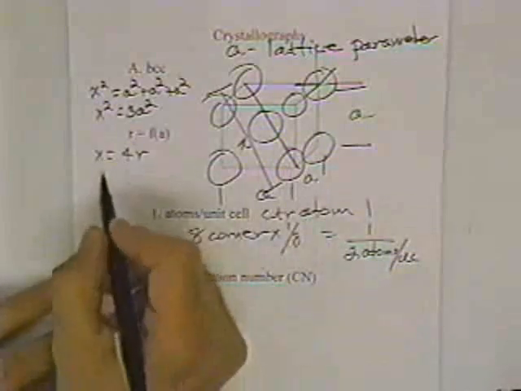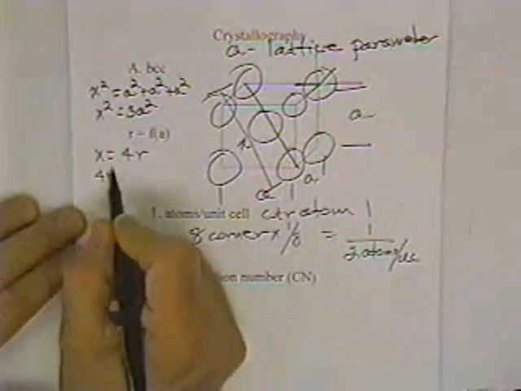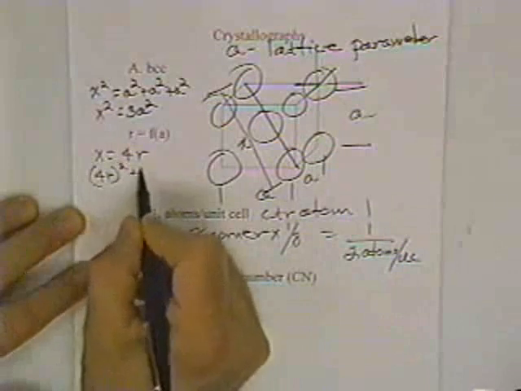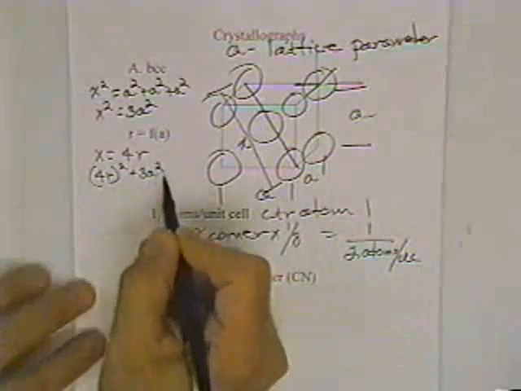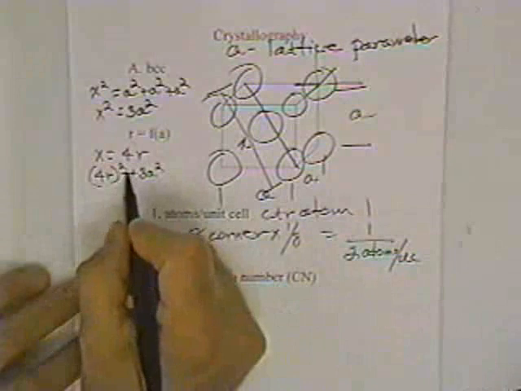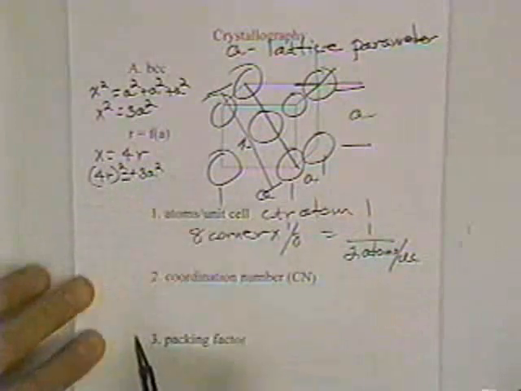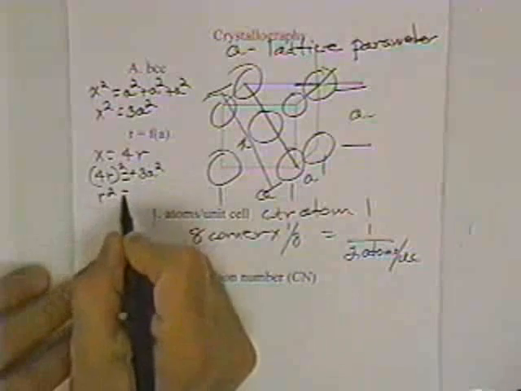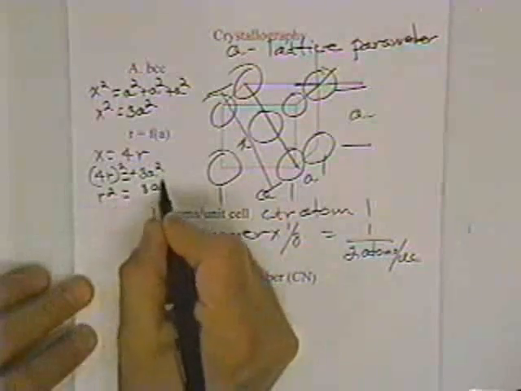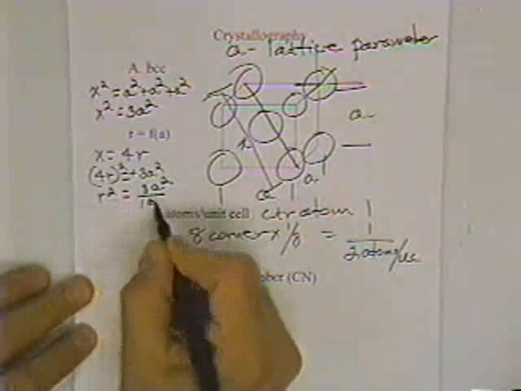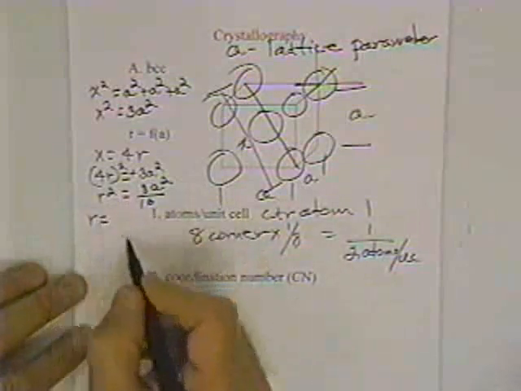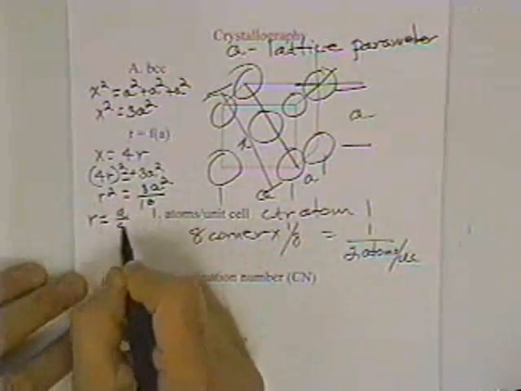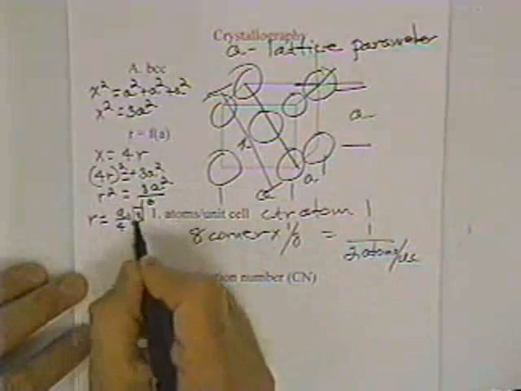So we can substitute in there for x: 4r squared equals 3a squared. I think I forgot the equal sign in there. And if we solve that for r, we have r squared is equal to 3a squared over 16. If we solve for r, it's going to be a over 4 times the square root of 3.